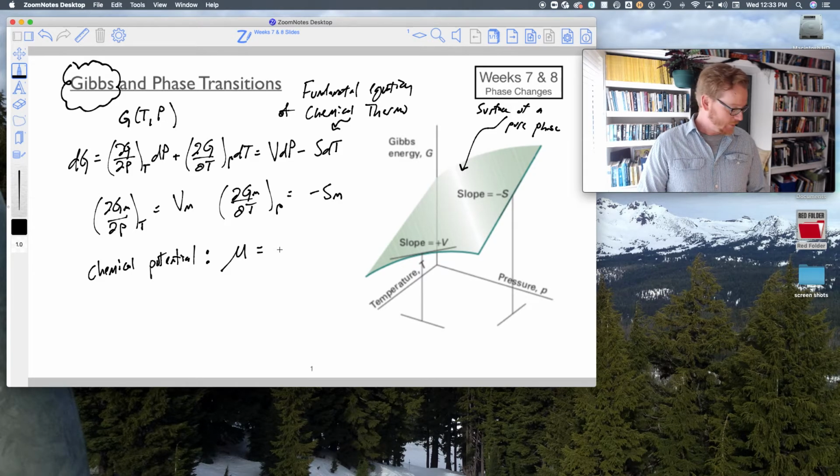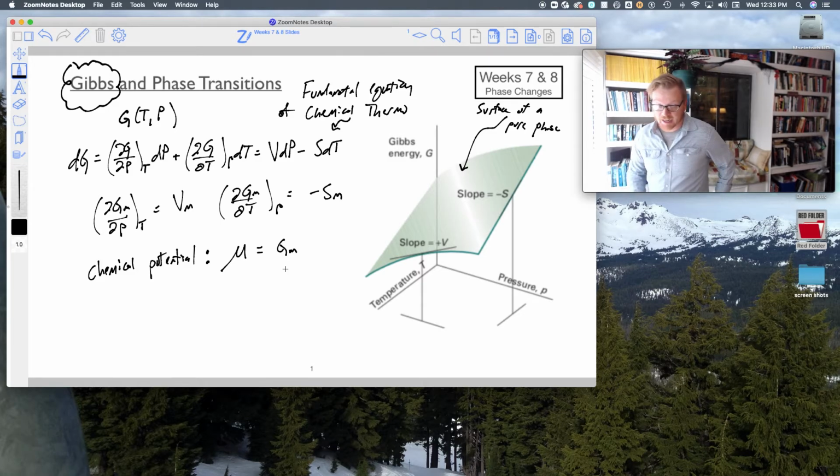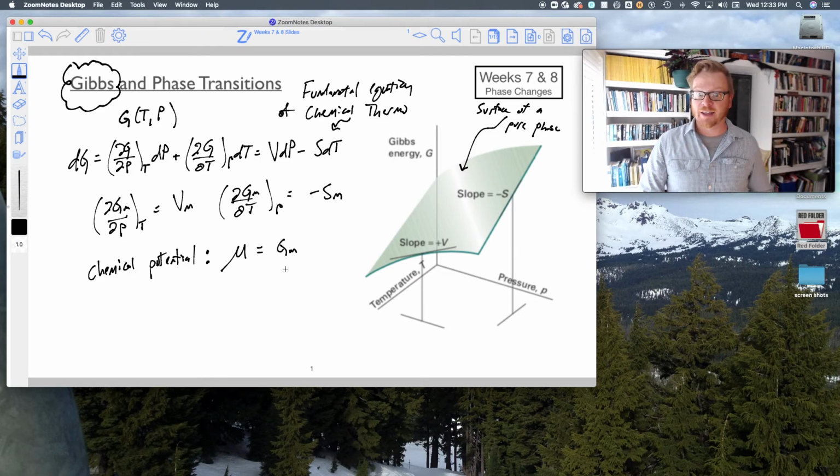And mu equals molar Gibbs free energy, okay? So it's just another name for the molar Gibbs free energy, okay? And note, it's not the change in Gibbs free energy, it's just the Gibbs free energy. So we could actually change this plot to be Gibbs or chemical potential, and that would work, all right? Okay, so moving along.